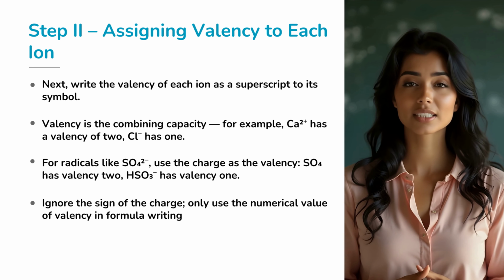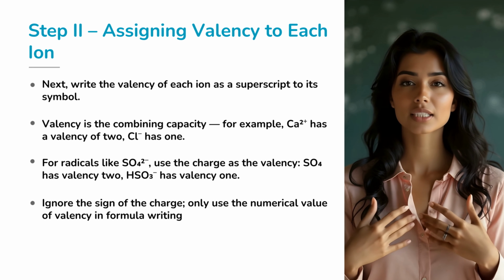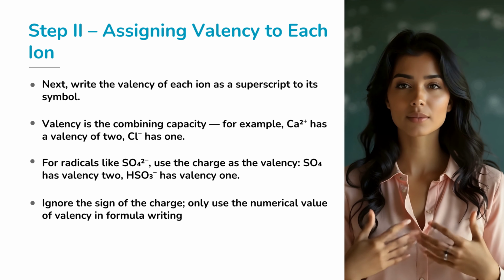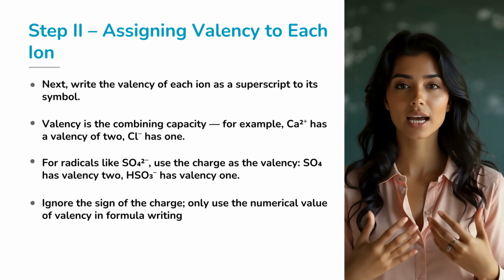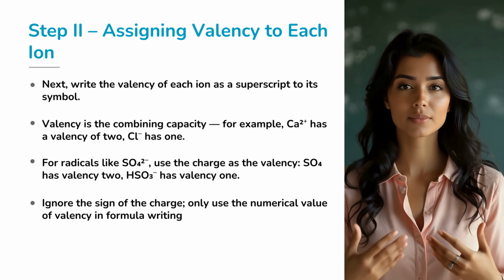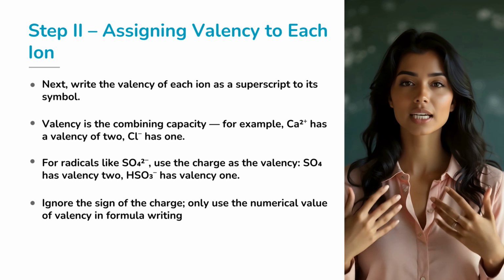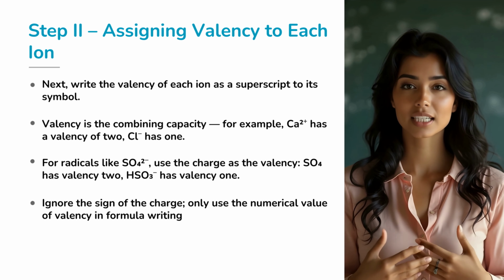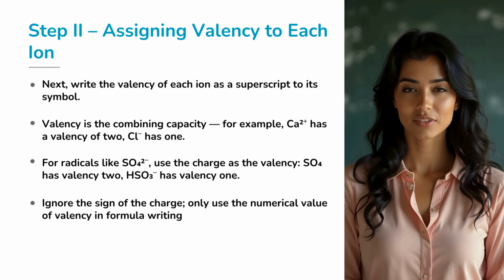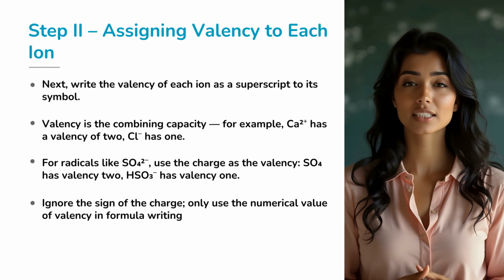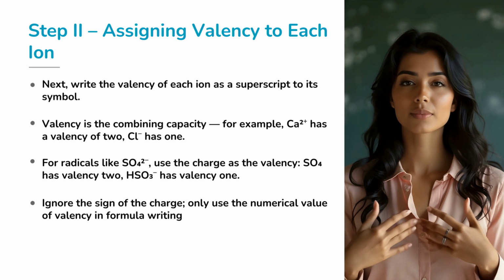Examples: sodium is Na with valency 1, written as Na superscript 1. Chloride is Cl with valency 1, written as Cl superscript 1. Calcium is Ca with valency 2, written as Ca superscript 2. Sulfate is SO4 with valency 2, written as SO4 superscript 2.